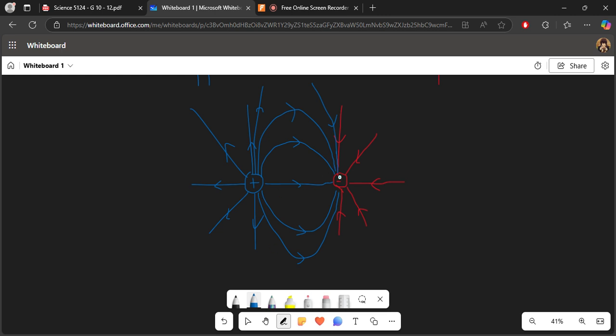They should touch on individual points on the electron and the proton, but well, you get the idea. There's going to be attraction between this positive and that negative. That's why the electric fields interact like that.